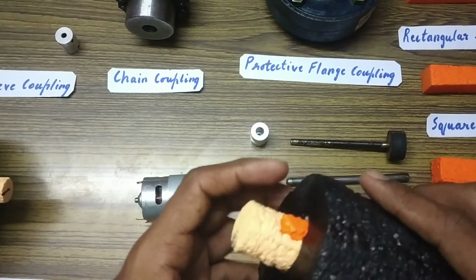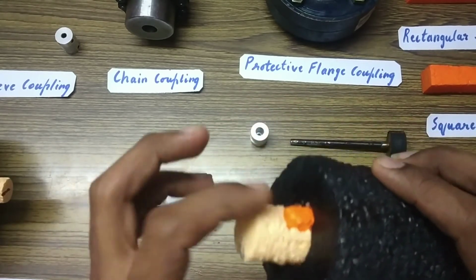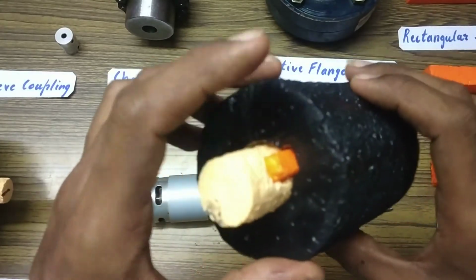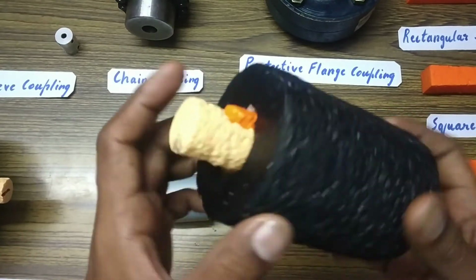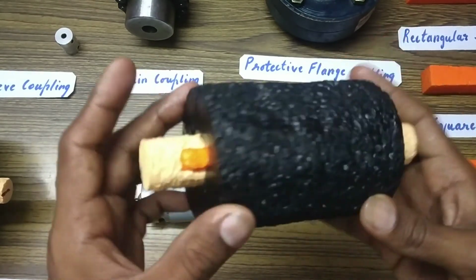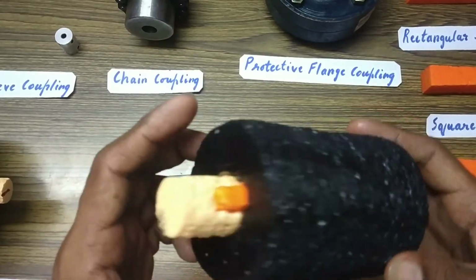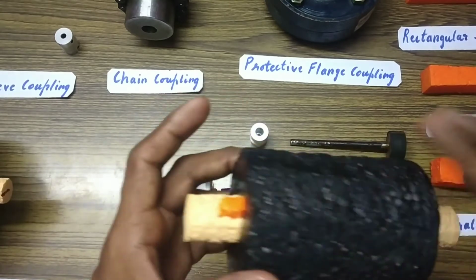It will be useful for you while doing the design of the coupling. The shaft, the key and the sleeve. These are three parts which we will be studying with the calculations in the next videos. So this is an example of a sleeve coupling. This is a sleeve, the shaft and the key.